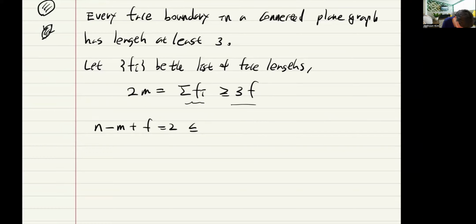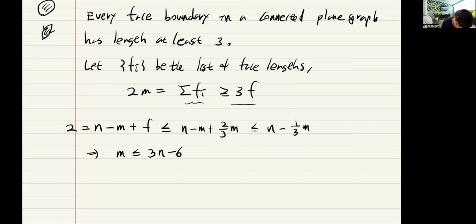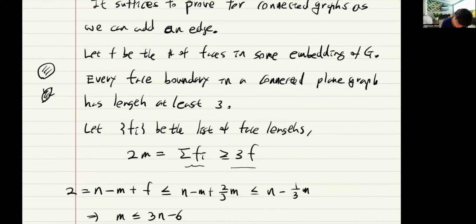Okay, so let's write it this way. 2 is n minus m plus F, which is at least n minus m plus 2m over 3, that is n minus 1 over 3 m. This shows that m is at most 3n minus 6.